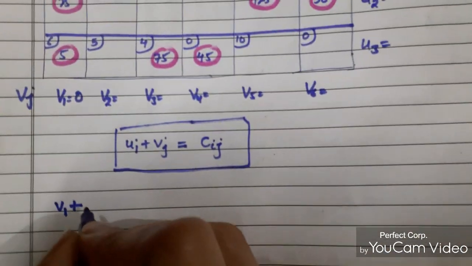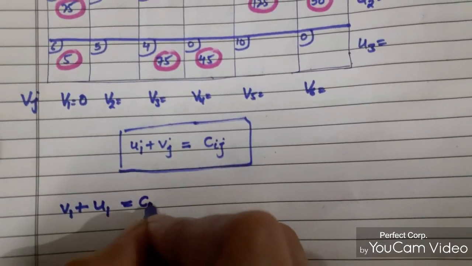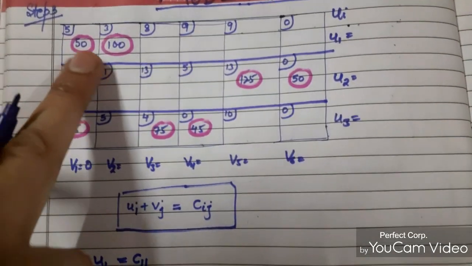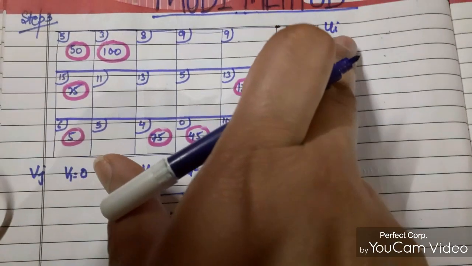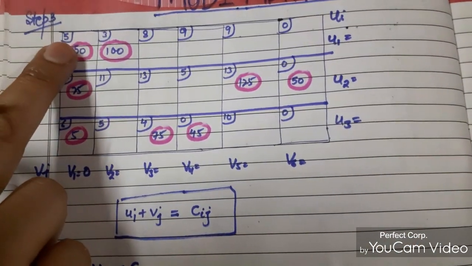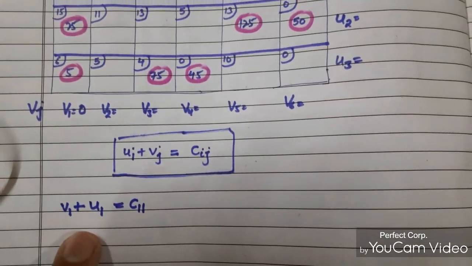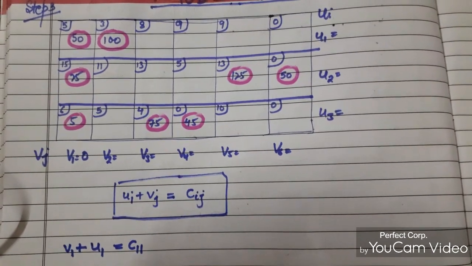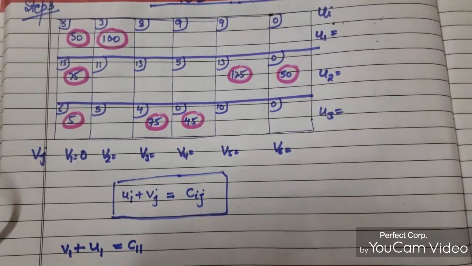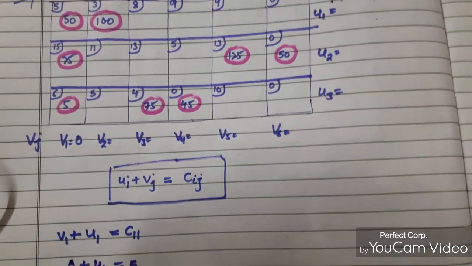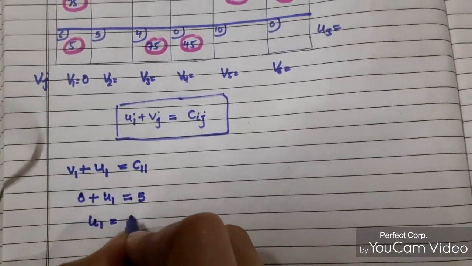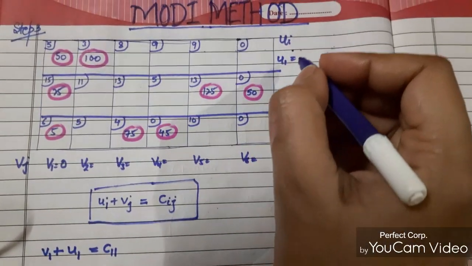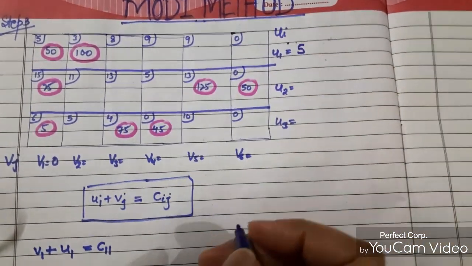That means v1 plus u1 is equal to c11, right? v1 is the first column and u1 is the first row, and this cost and the allocation are in this cell. So v1 is 0 plus u1, which we don't know, equals c11, which is 5. So you will get u1 equals 5, right? We got the value of u1. Write it here, u1 equals 5.